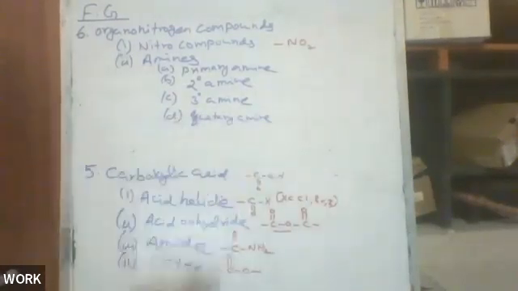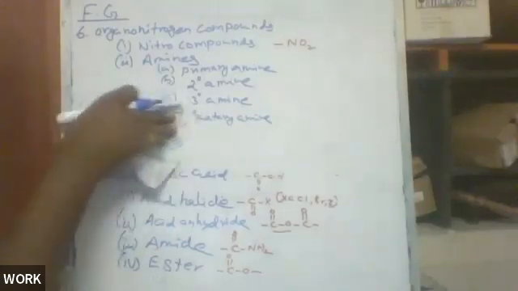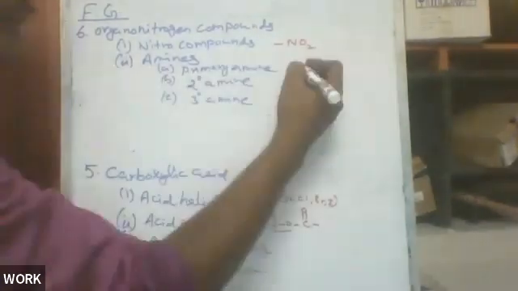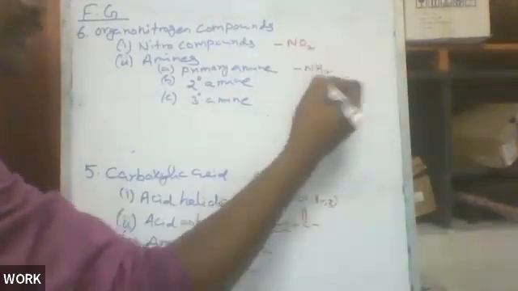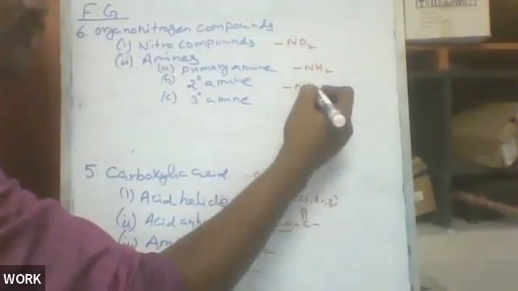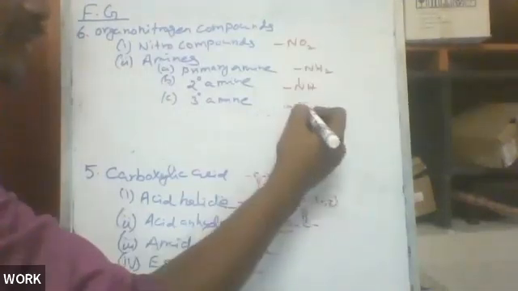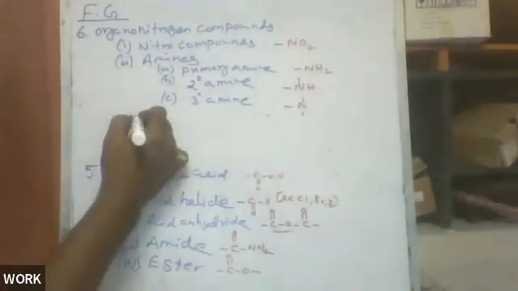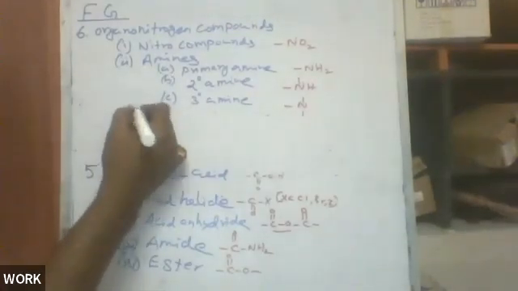We don't study this as a separate functional group, but we can form the quaternary salt also. Primary amine is NH2, secondary amine is NH, tertiary amine is N. That's all. And then nitriles.